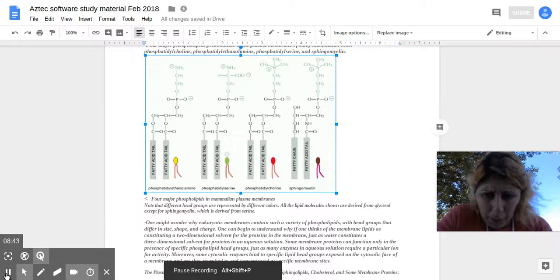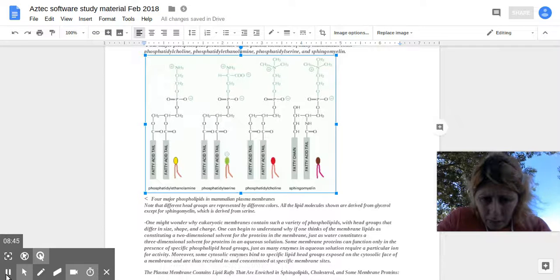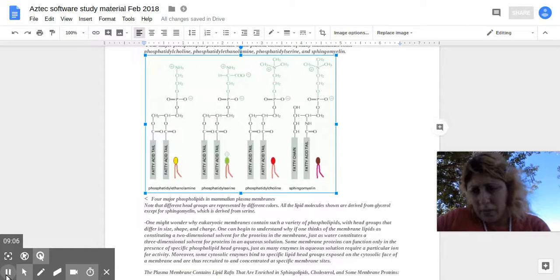Some membrane proteins only function in the presence of specific phospholipid head groups, such as enzymes that require a particular ion or reactive part of the molecules of the phospholipids to function correctly.